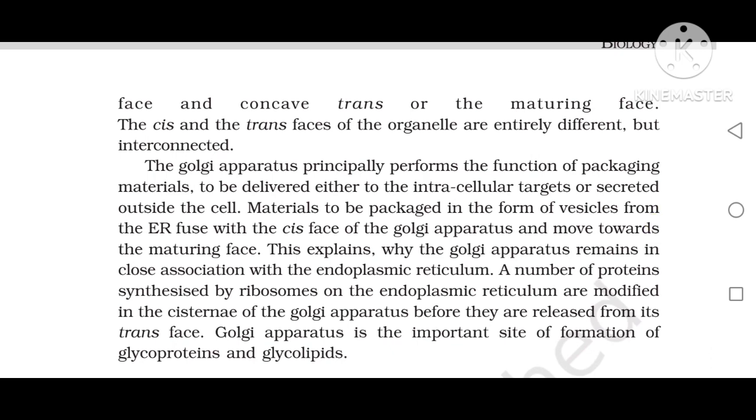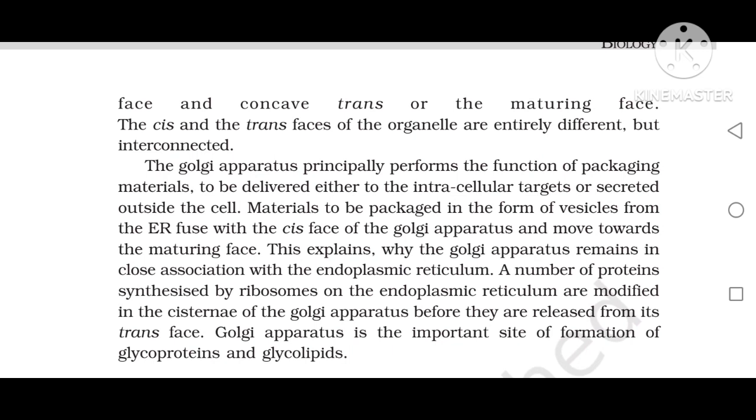The Golgi apparatus principally performs the function of packaging materials to be delivered either to intracellular targets or secreted outside the cell. Materials to be packed in the form of vesicles from the ER fuse with the cis face of the Golgi apparatus and move towards the maturing face. This explains why the Golgi apparatus remains in close association with the endoplasmic reticulum.